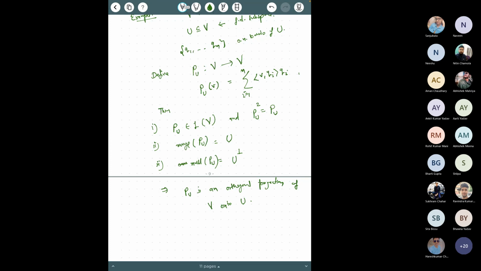In the next class I will try to finish this inner product topic, and then we will define eigenvalues and eigenvectors. Or probably I'll take the next lecture as a lecture of applications, where I may talk about applications of eigenvalues, eigenvectors and linear transformations. So let us take the next lecture as an application of linear algebra.